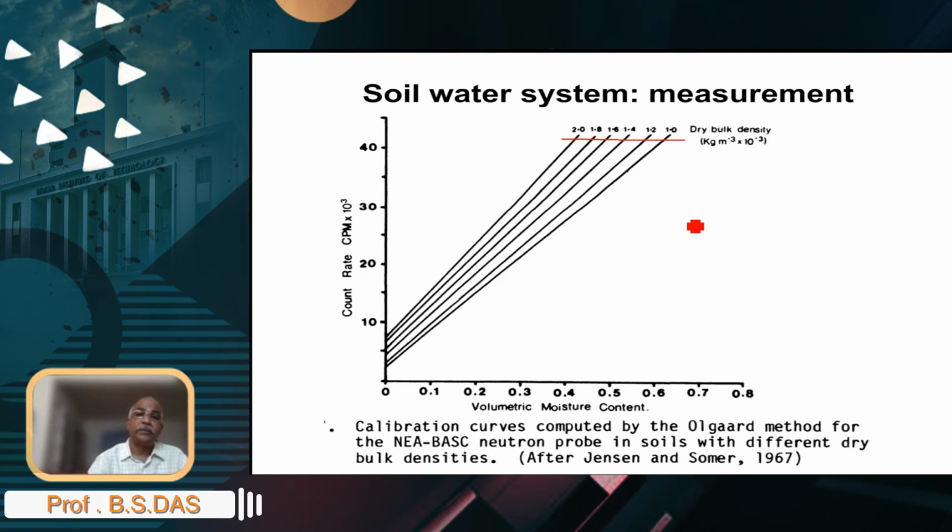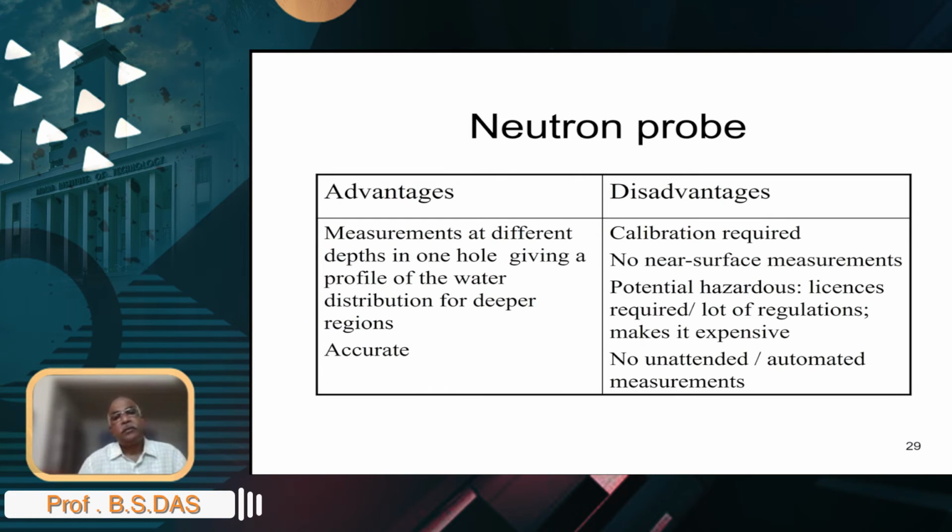To summarize, some of the advantages are, of course, that this is not a completely destructive sampling, right? Because you don't need to carry the soil to the laboratory. It's a field condition giving you the soil wetness in that entire profile, without having to dig out the soil and take it to the laboratory.